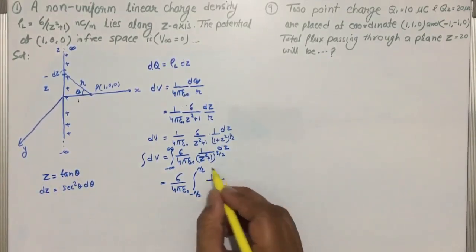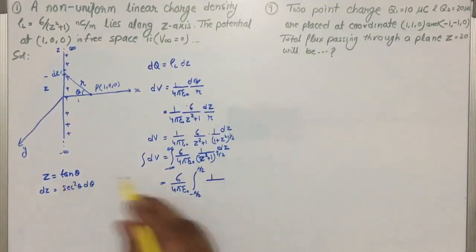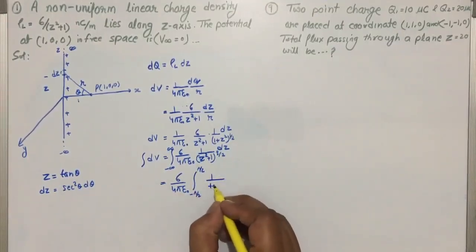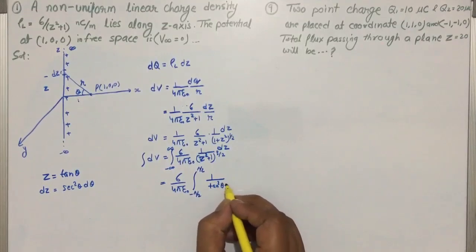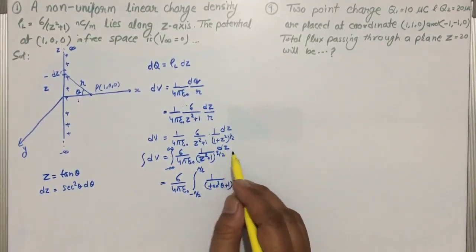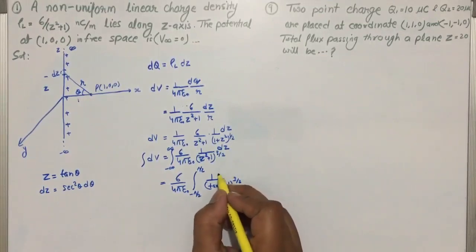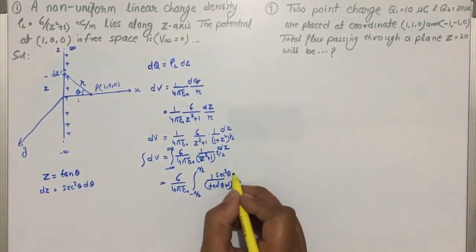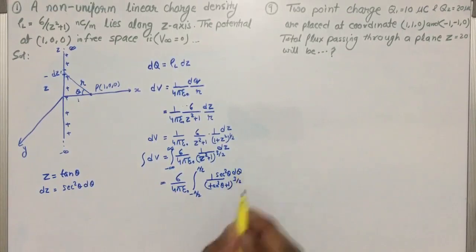And here 1 by z square will be tan square theta plus 1 times 3 by 2, and dz will be sec square theta d theta.